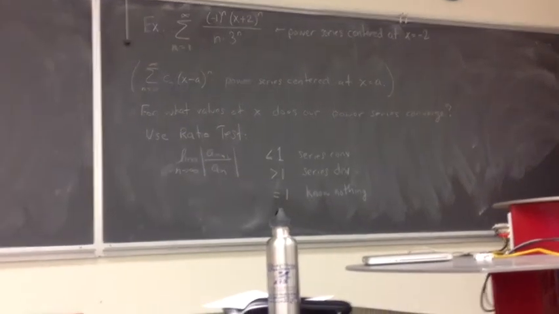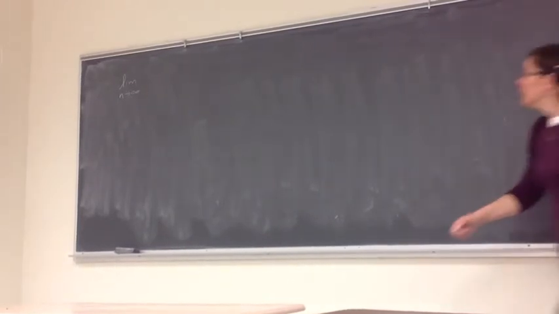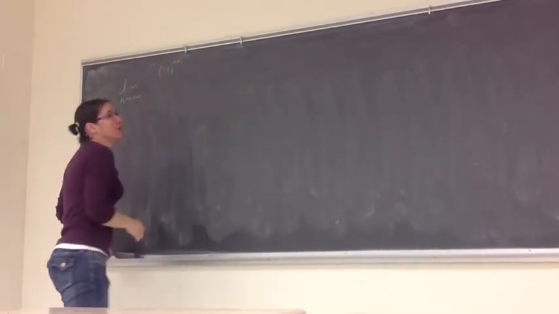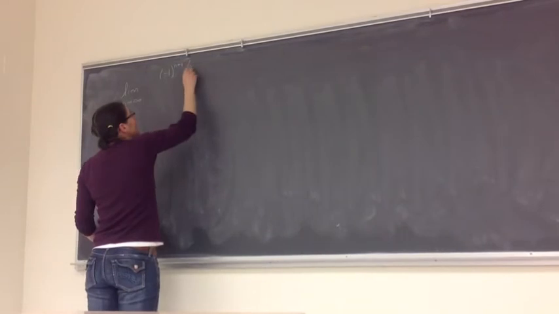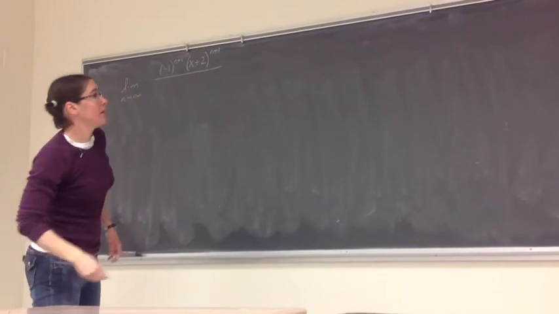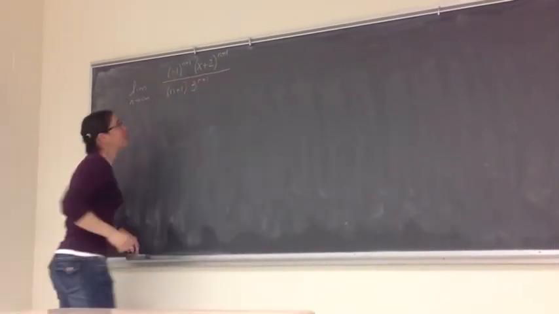So I've got my limit as n goes to infinity, and I'm looking at the entire term here. This is my a_n. I'm covering up the series sign, and I'm just looking at the term itself. And everywhere that I see an n, I'm going to replace that with an n plus 1. So we've got negative 1 to the n plus 1 times x plus 2 to the n plus 1 divided by n plus 1 times 3 raised to the n plus 1.